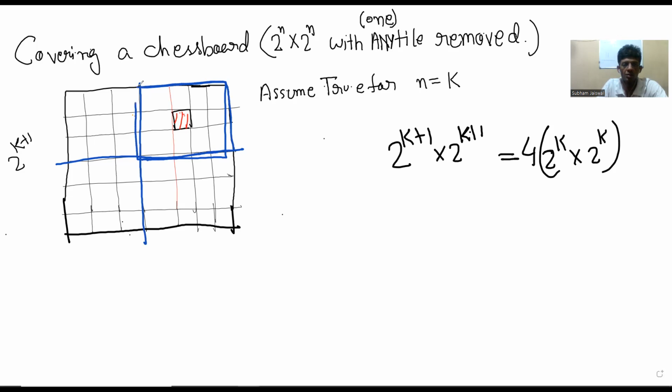It is 2 to the k size. How about these three? That's also an L. It just turns out. And these are also 2 to the k size. Yes, three of them. The numbers will match, but you have to find a tiling that actually works.